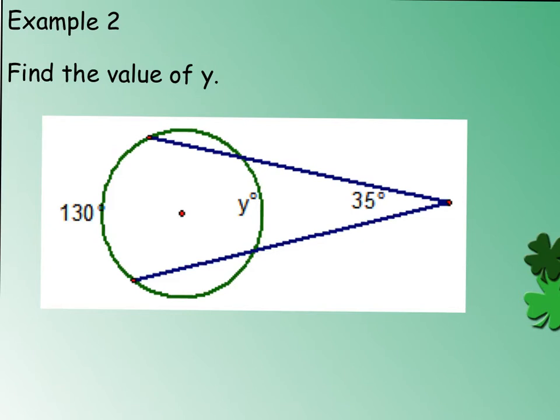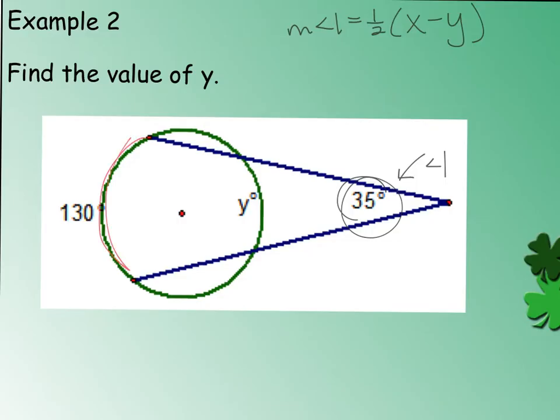In this next example, I see 2 secants that are meeting at a point outside the circle. So I'm thinking about the formula, the measure of angle 1 is equal to 1/2 of the difference of the intercepted arcs. So here's my angle 1, and my intercepted arcs are going to be this piece and this piece. So 130 would be my x, and I'll keep y as y. So 35 degrees is equal to 1/2 times 130 minus y.